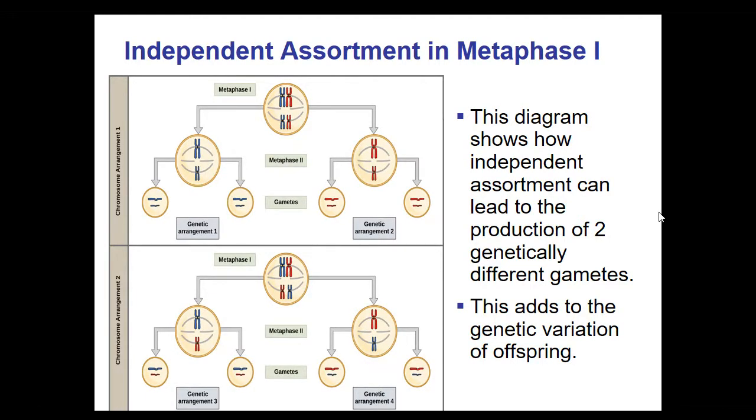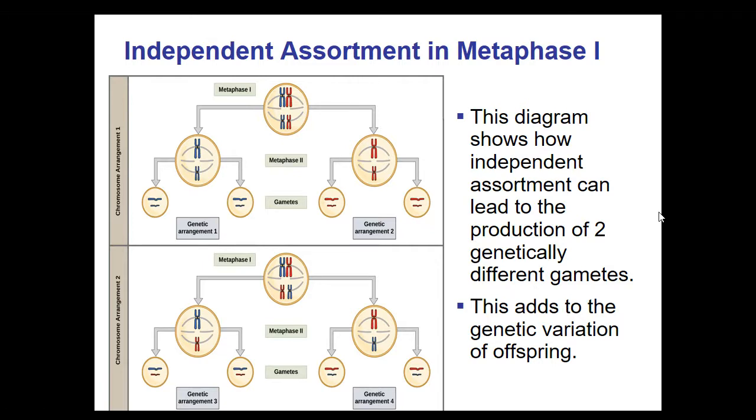This is showing what I was saying, the different combinations of chromosomes that can result from independent assortment. We start out with the parent cell with just two pairs of chromosomes, a red and a blue of each one, and you could end up with these four possible combinations in sperm or egg.